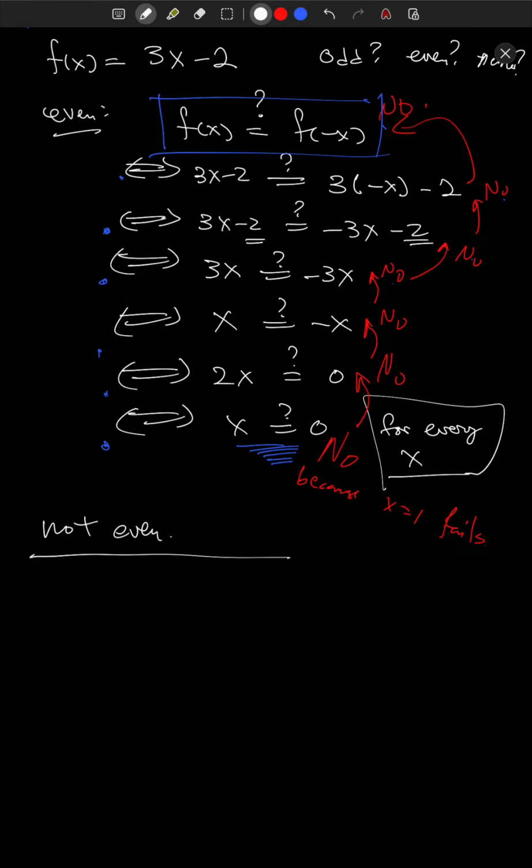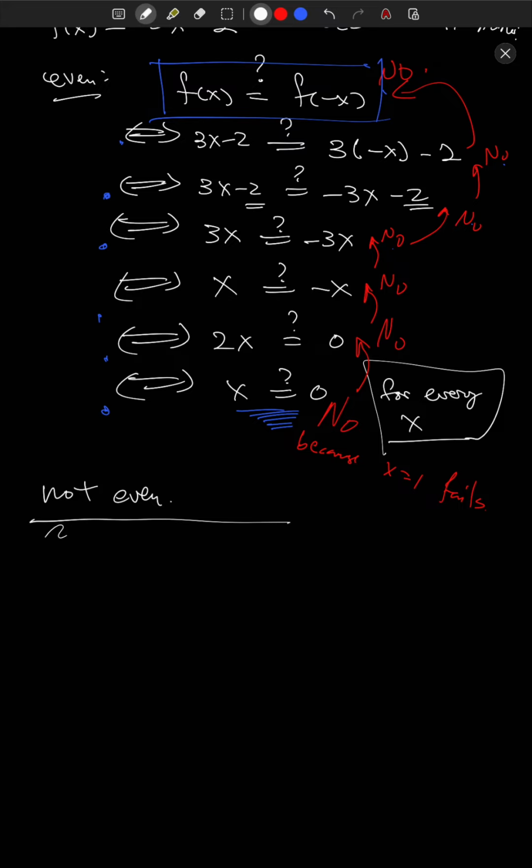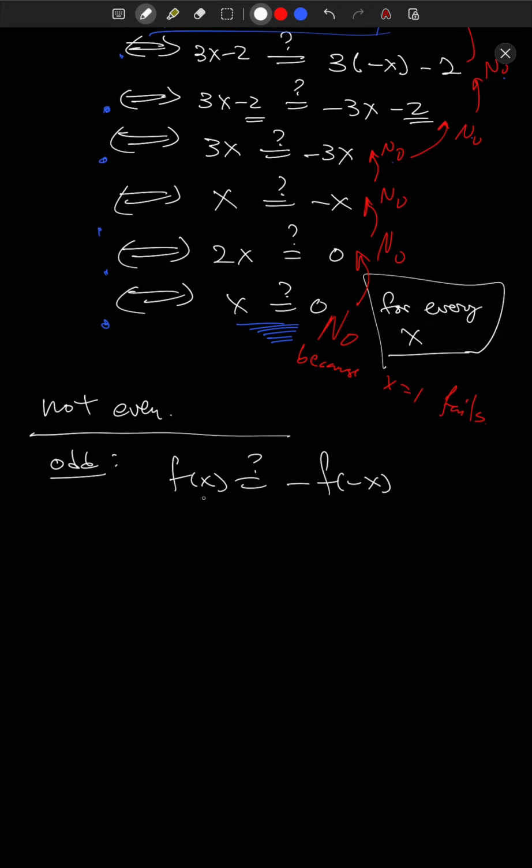All right. Let's see if this is odd then. If it's not even, maybe it's odd. So the question would be, is f of x equal to negative f of negative x? So is the relationship between the two outputs the negatives of each other? That's a way to remember it.